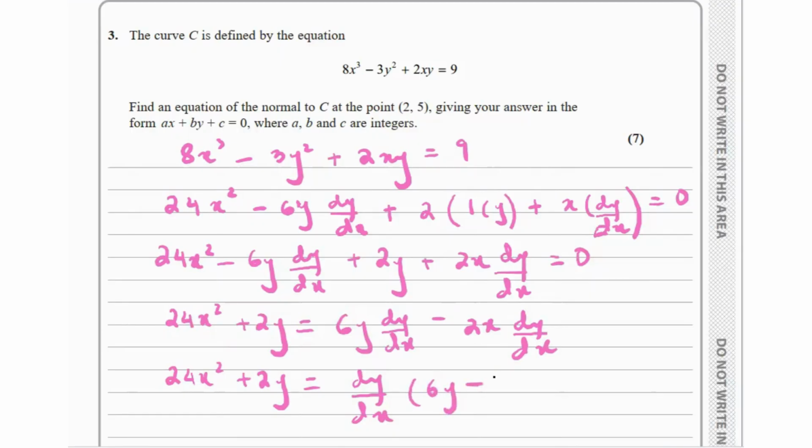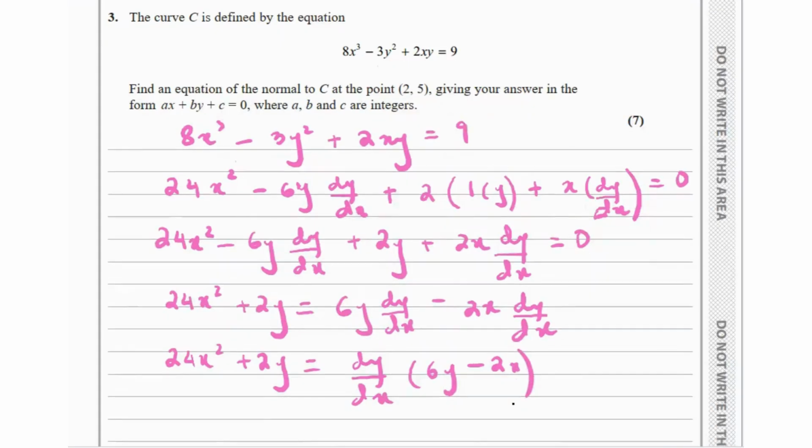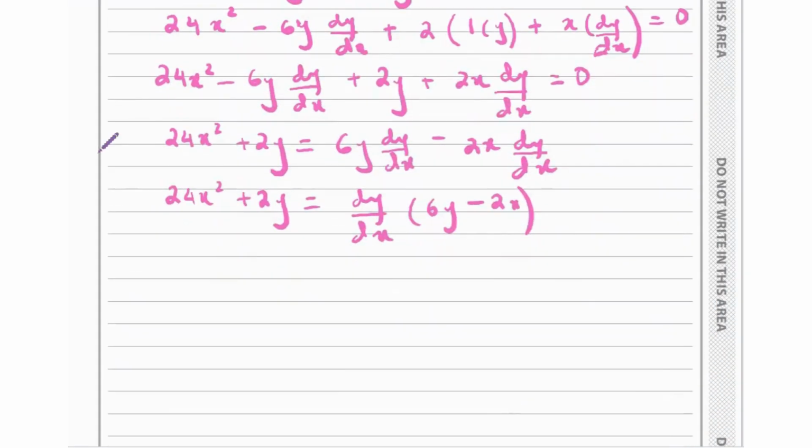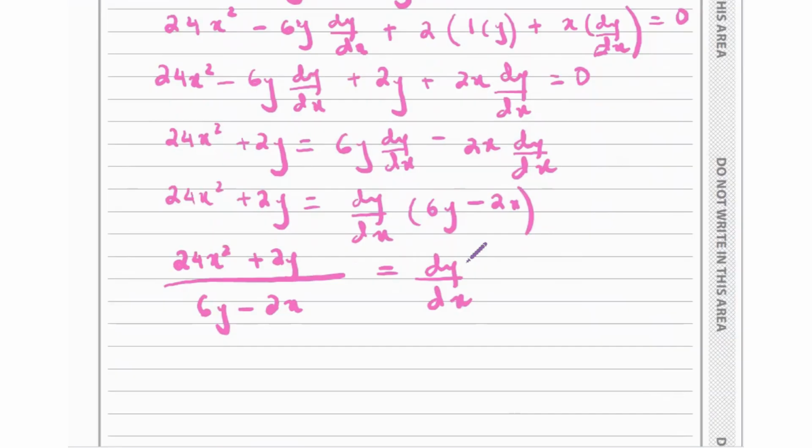That's 6y minus 2x over here. And then we're going to divide 24x squared plus 2y by 6y minus 2x. That's your dy by dx.